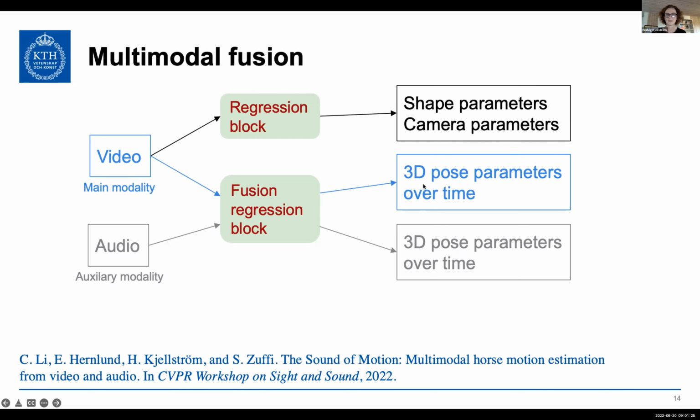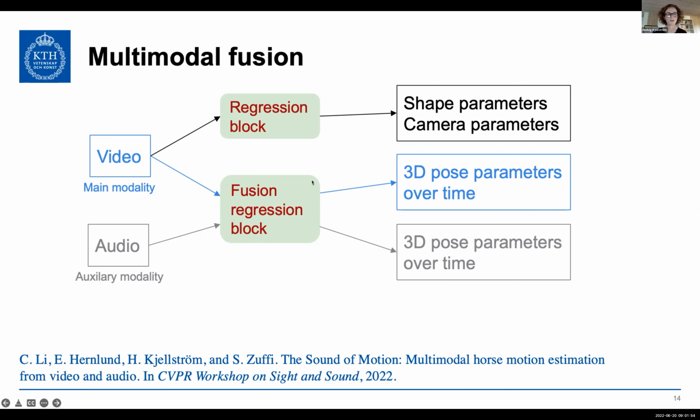And the cool thing about this is that at test time, you only have to feed in one of the modalities. You can use it with just a single modality because the regression block has learned sort of correlations, basically typical poses, video appearances connected to a certain sound and vice versa.